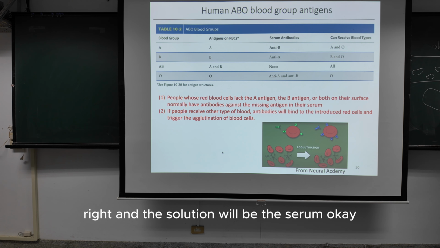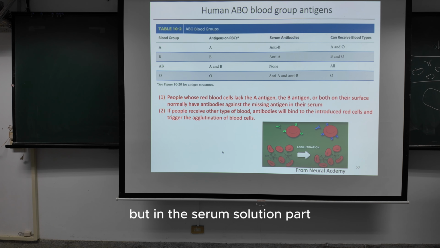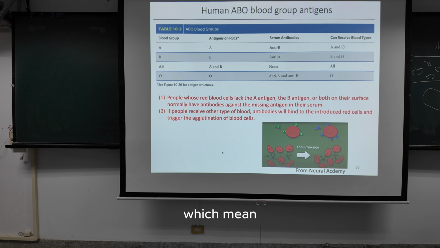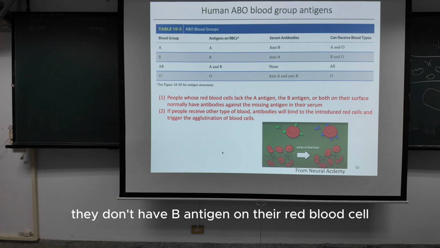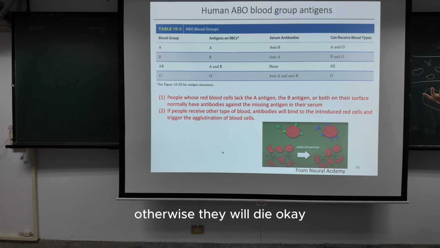And in the serum, the solution part, we have several antibodies, okay? For people with type A blood, they have the A antigen on their red blood cells. But in the serum they have anti-B antibody, which means this antibody will bind to the B antigen. Luckily, they don't have B antigen on their red blood cells, otherwise they will die, okay?